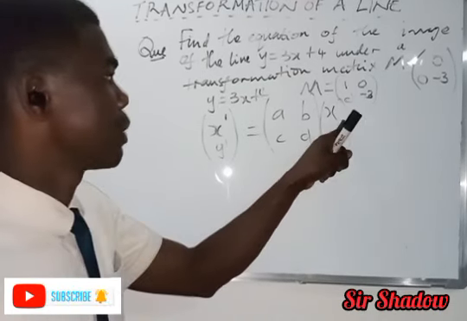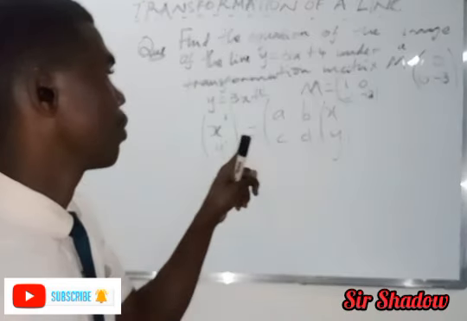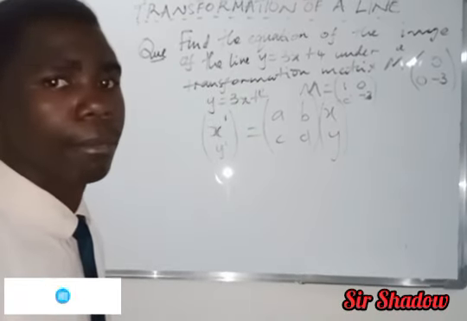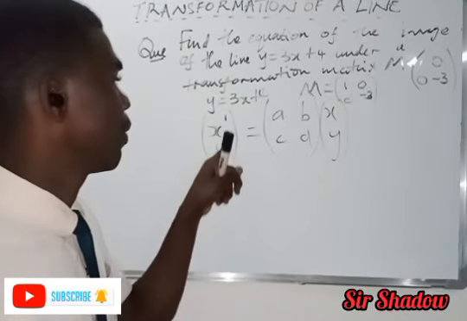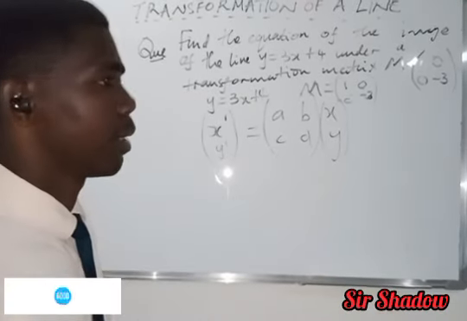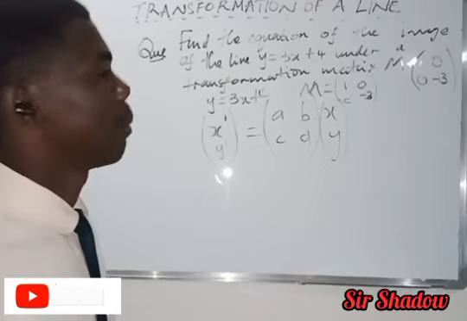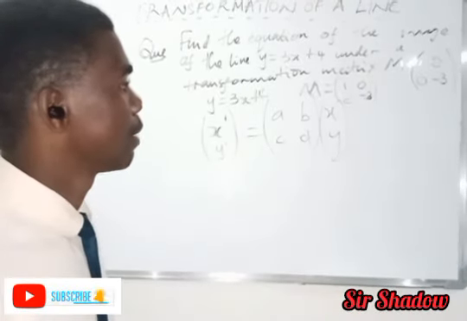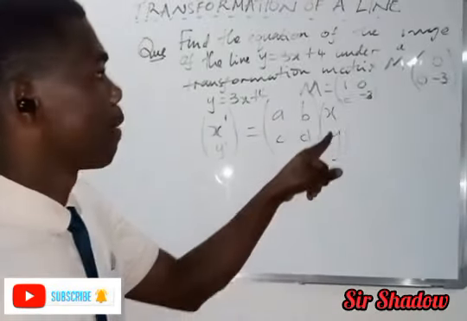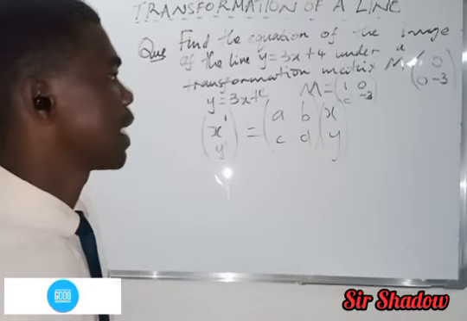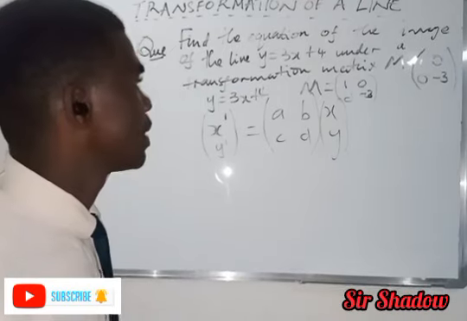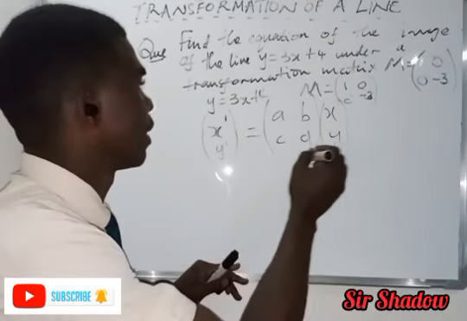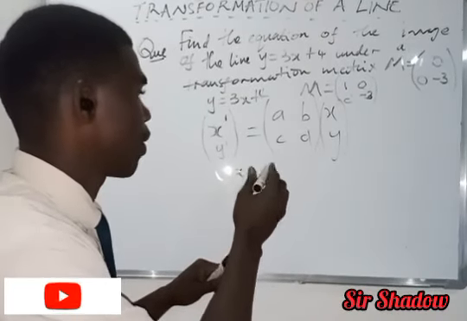But we don't have x and y, and also we don't have x prime y prime. Since we want to find the equation of the image from the object, for this point we can just let x be equal to k.